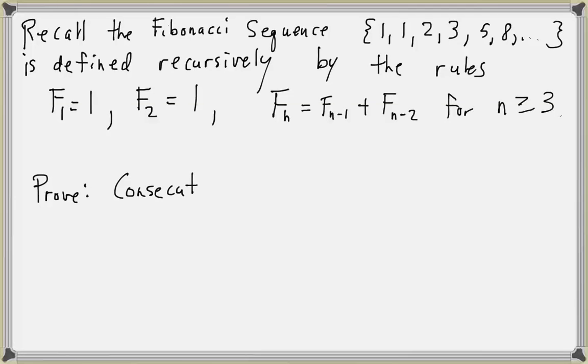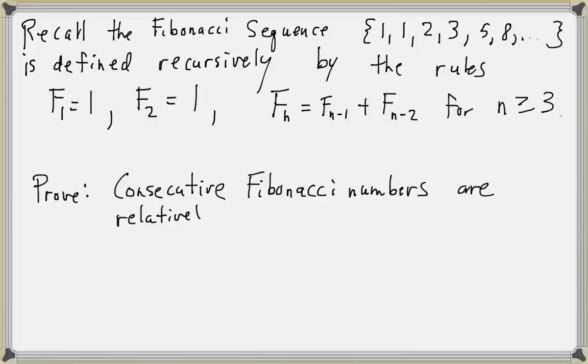Consecutive Fibonacci numbers are relatively prime. So we said that two numbers are relatively prime if their greatest common divisor is equal to 1. So I'm going to use the Euclidean algorithm to show that the greatest common divisor of any consecutive Fibonacci numbers equals 1.